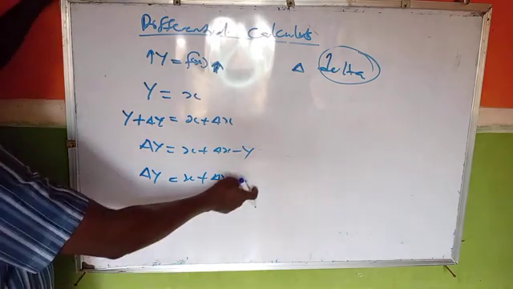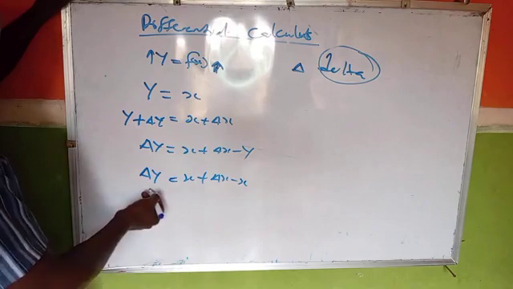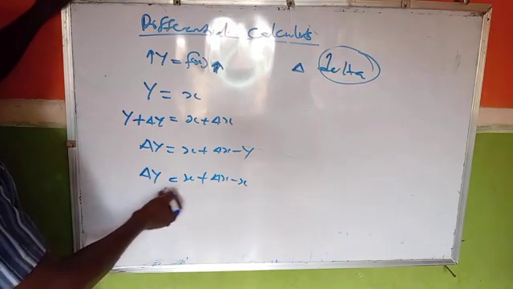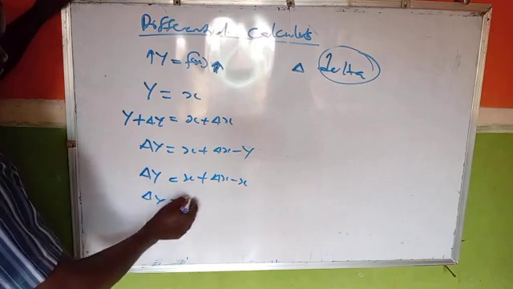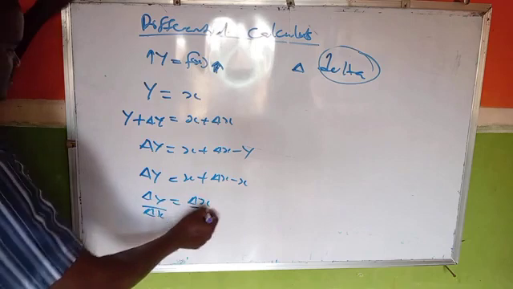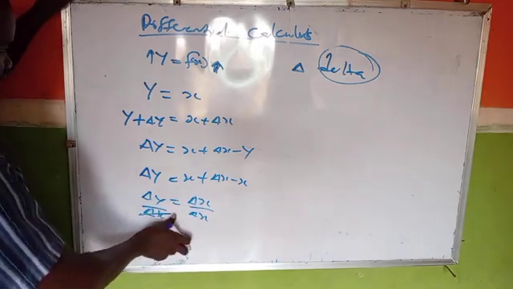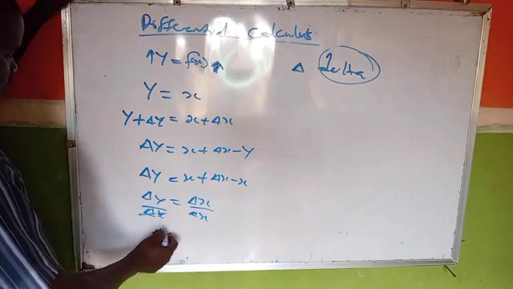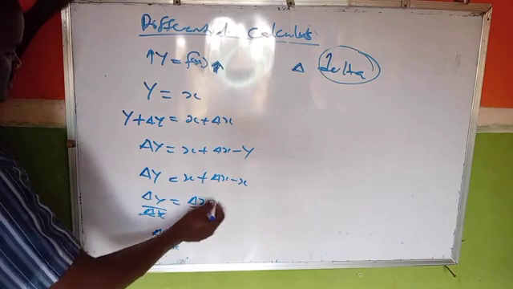Then you divide through by delta x. Here, this minus this gives this, equal to this. So the rate of change is delta y over delta x, and this cancels this one.